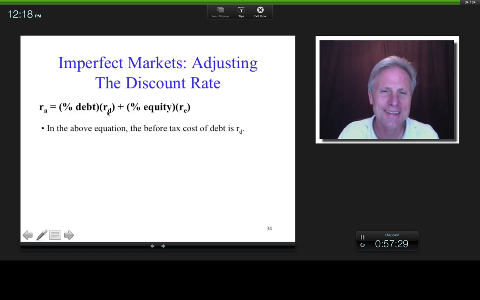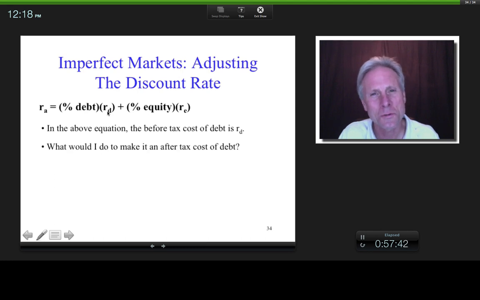So here's my question. This guy right here, is that a before-tax cost or after-tax cost? It's before tax, right? So what would I do to that guy to turn it into an after-tax cost of debt? Well, what did I do on the previous slide? What did I multiply that $100 by? I multiplied it by 1 minus the tax rate, right?